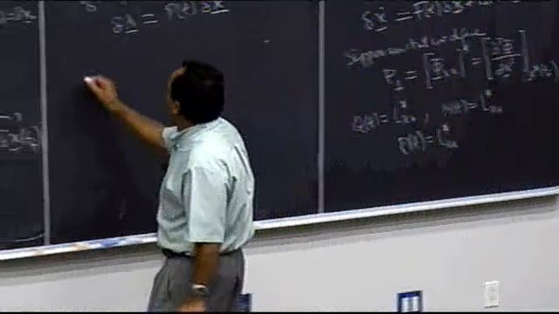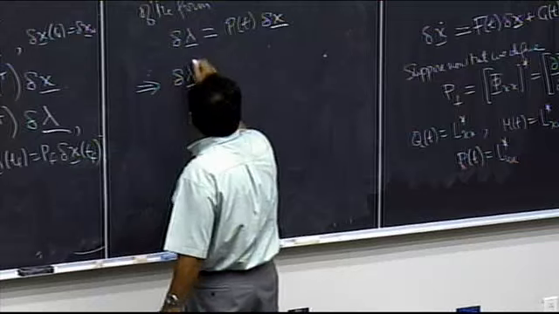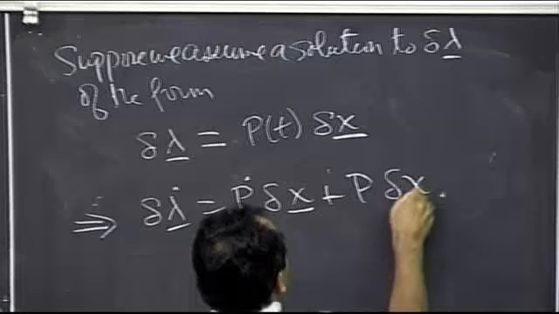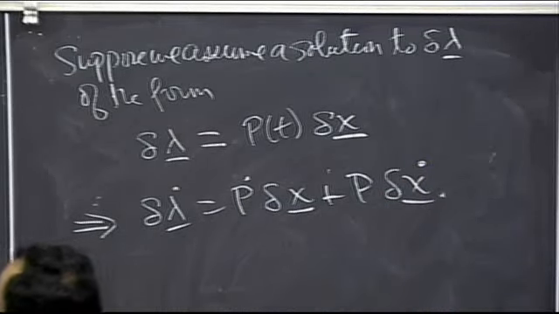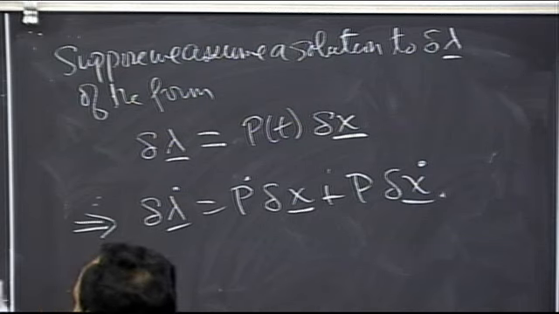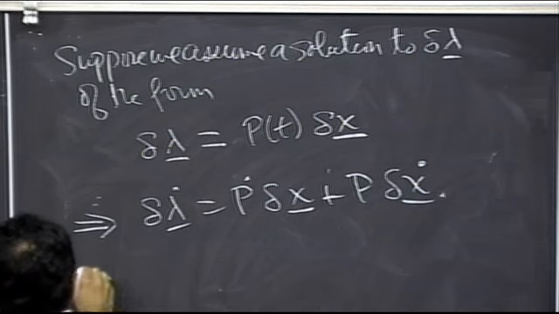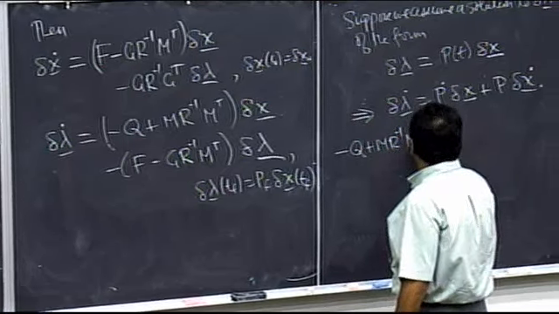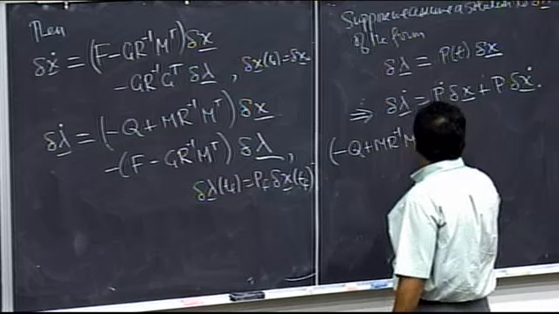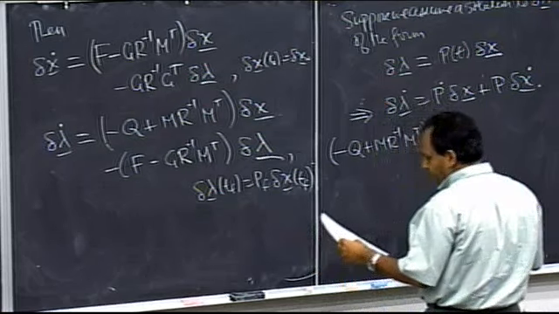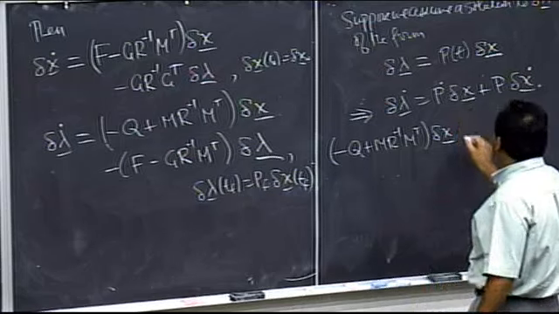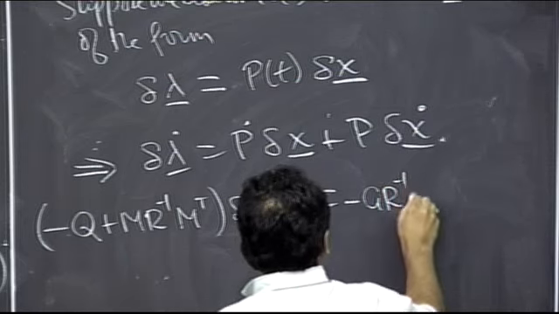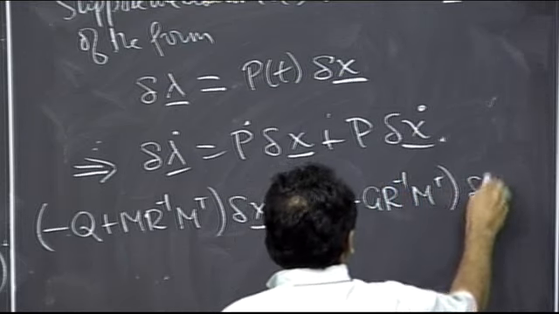So if you then take the derivative, you get delta lambda dot is equal to p dot delta x plus p times delta x dot. So now let's start substituting everything in here. What I get is minus q plus m R inverse m transpose times delta x, and then minus f minus g r inverse m transpose times delta lambda.